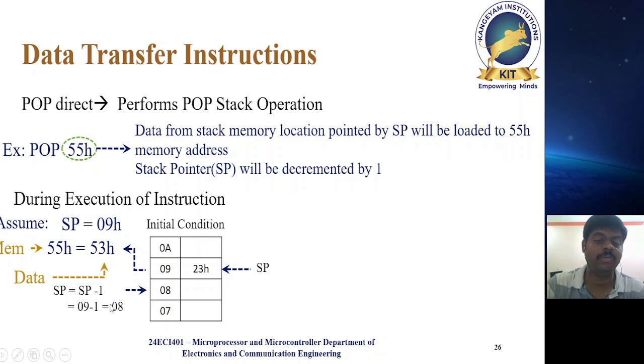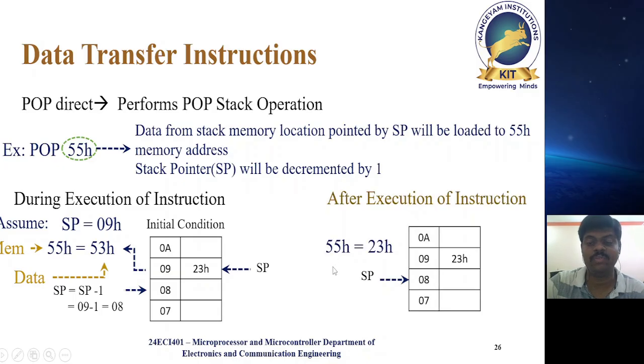After execution of the instruction, the stack pointer will be pointing to 08 because it is decremented by 1, and the 55 memory location is loaded with this data 23. This 53 will go, and this 23 will be loaded to the 55 memory location.